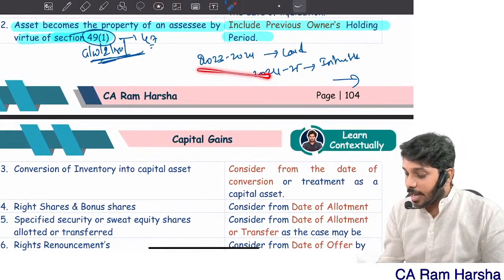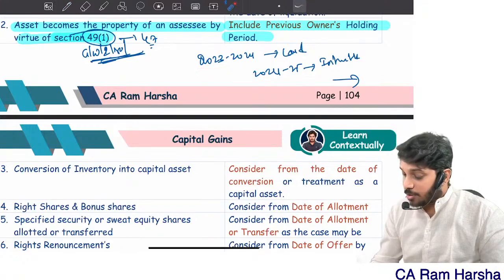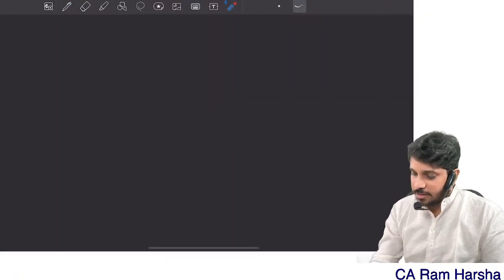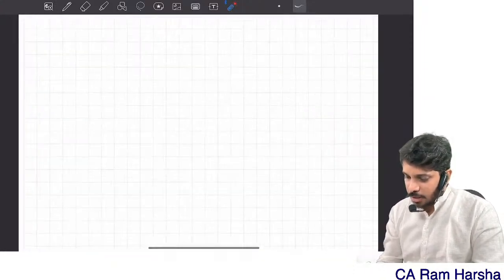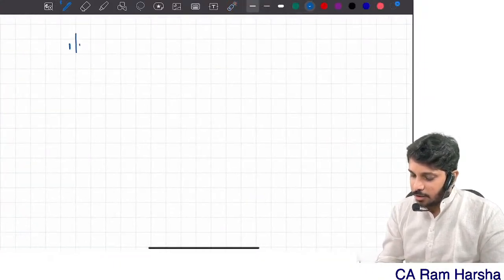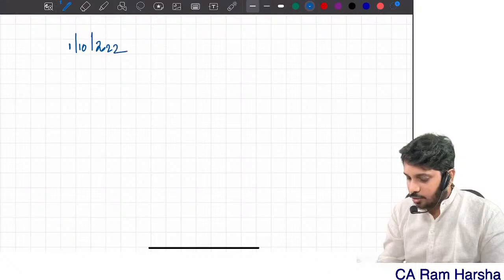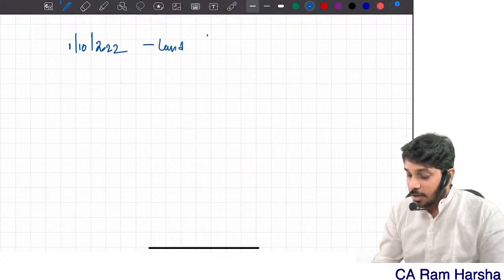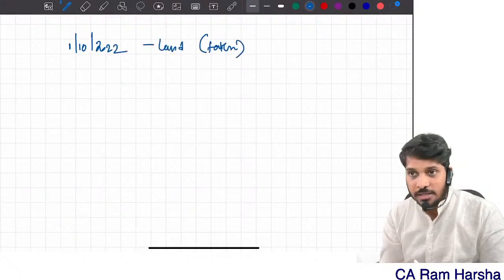Now, don't say the gap is less than 24 months because you inherited in 24-25. Very simple. For example, my father purchased the land on 1st October 2022. So the previous owner, my father, purchased it.